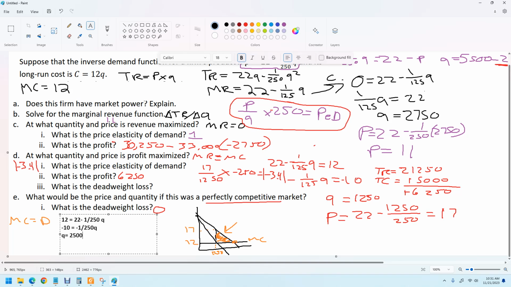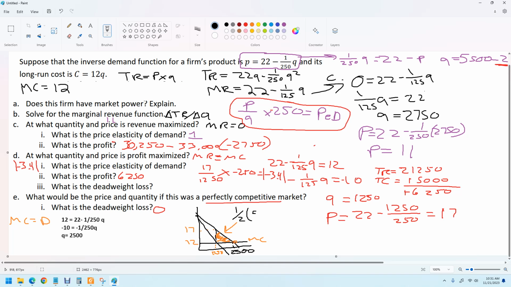So 2,500. 2,500 is the end of that triangle, which is the quantity if it was perfectly competitive. So it's right here, and it's 2,500. Okay, so this triangle is 1/2 the distance between here and here, which is 5, multiplied by the difference between here and here.